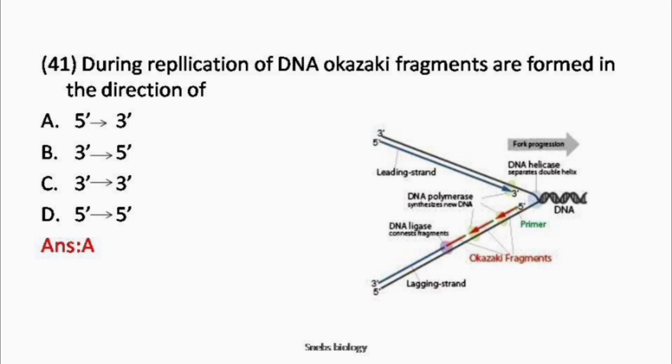So, during DNA replication, the process of replication is continuous on one strand called leading strand, while discontinuous on the other strand called lagging strand. These small segments in lagging strand are synthesized in 5' to 3' direction and called as Okazaki fragments. So, the correct answer is option A.